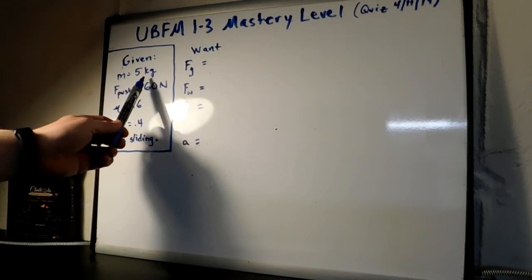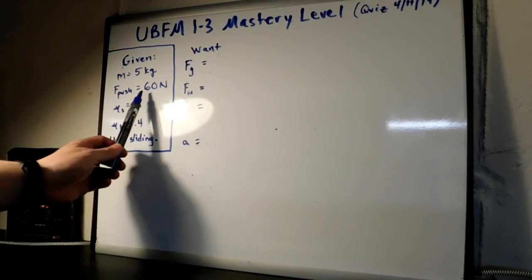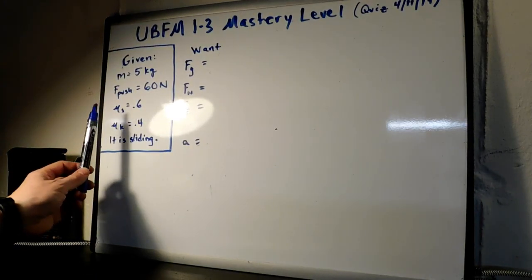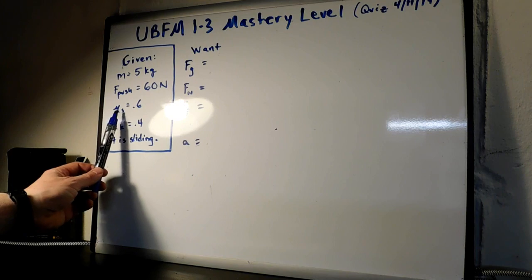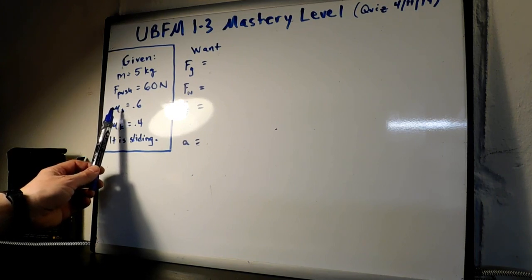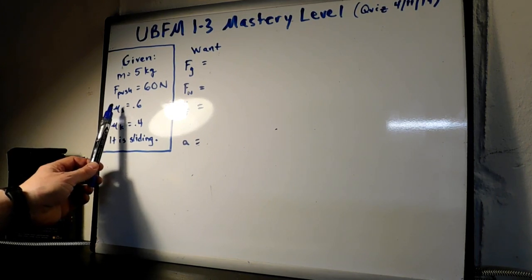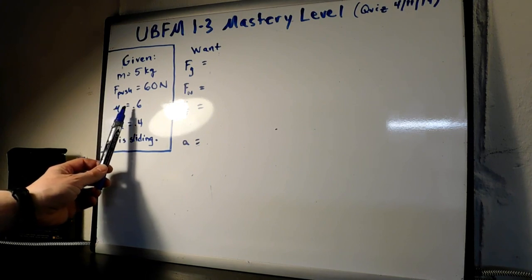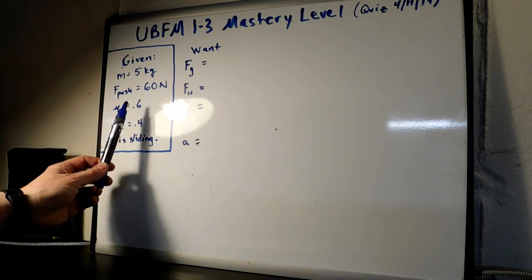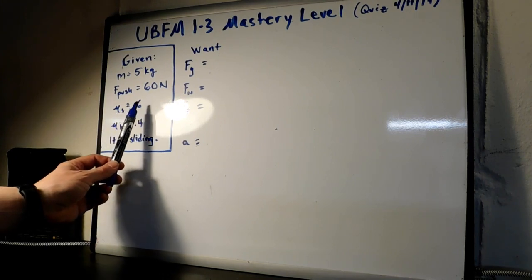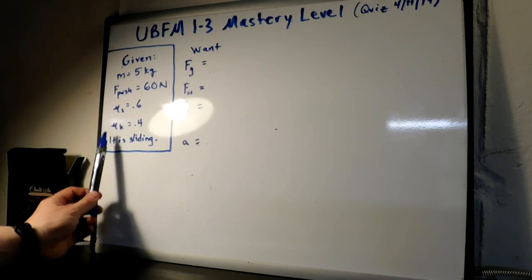We're given that the mass is 5 kg, the force of the push is 60 newtons, and the coefficient of static friction, which is what you would multiply the normal force by to figure out the friction when it's not moving.